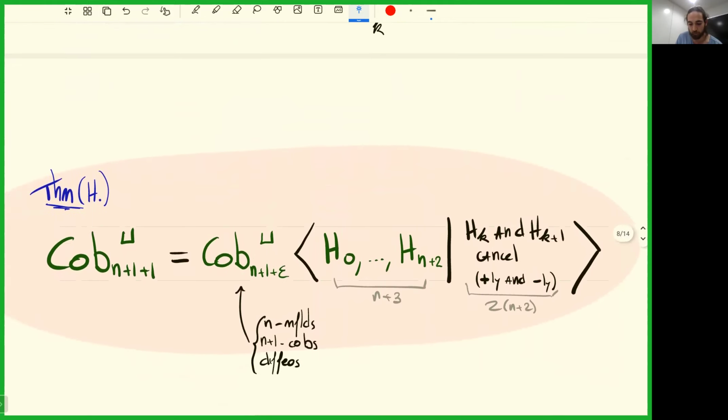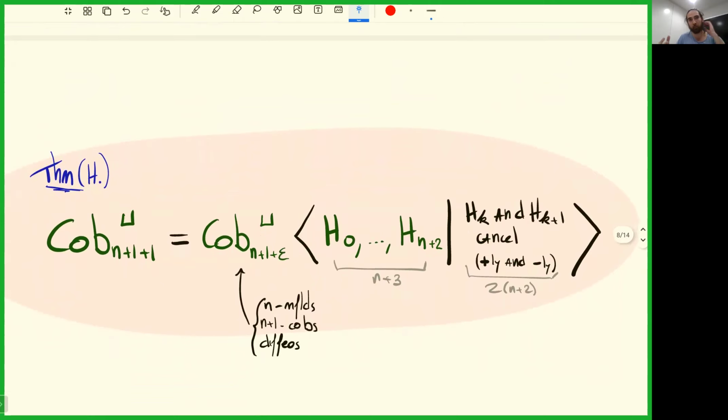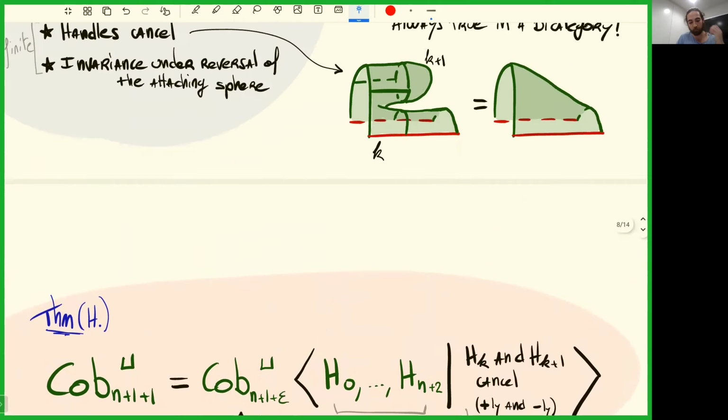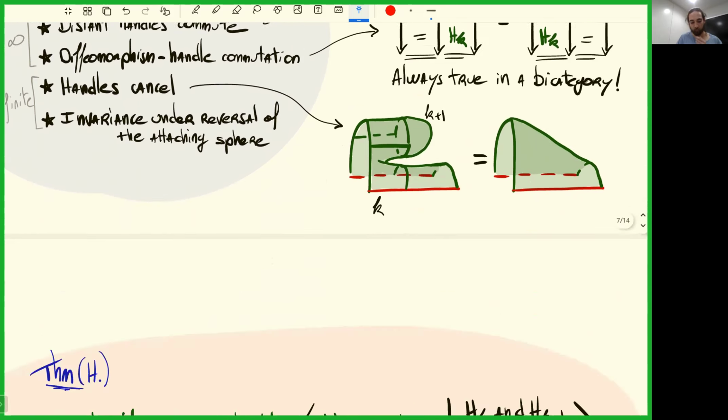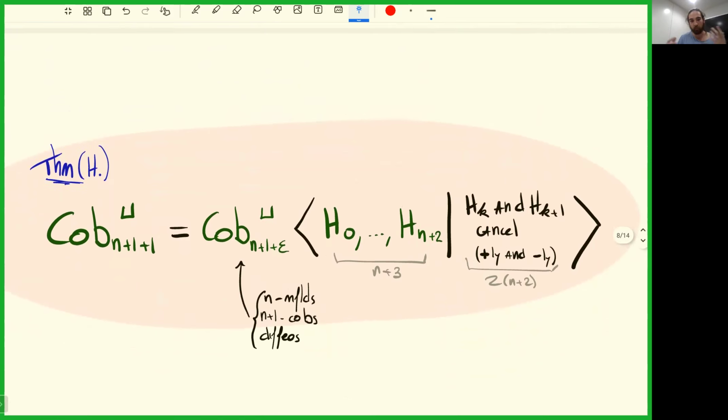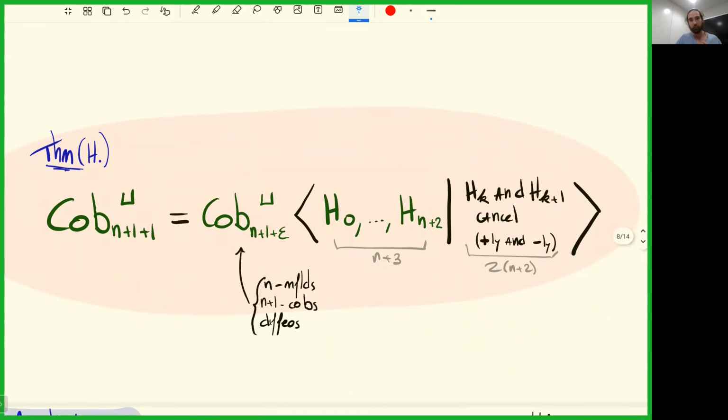If I fix a cobordism W, I will need all these relations to relate different handle decompositions. But if I'm interested in the category of cobordisms itself, I don't need these, because the fact that it's a two category will impose these extra relations. So this is the symmetric monoidal category obtained from this by adjoining these and imposing these relations.